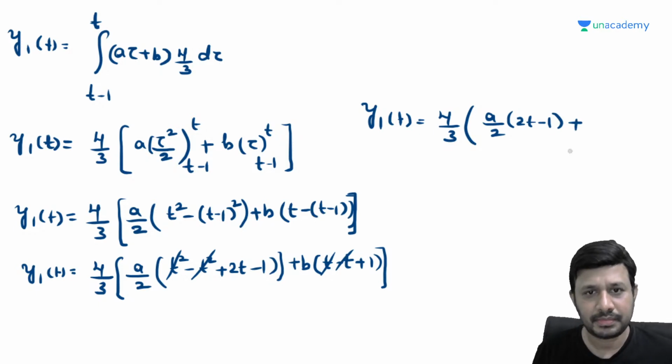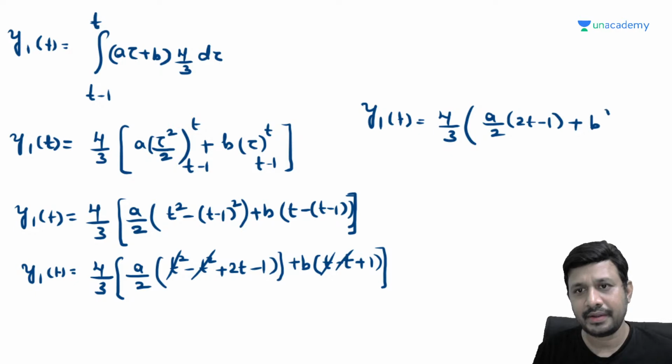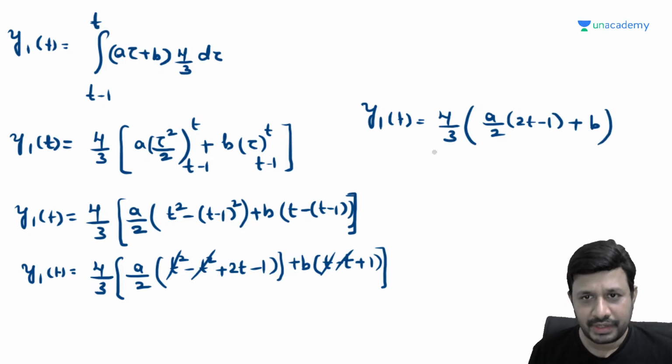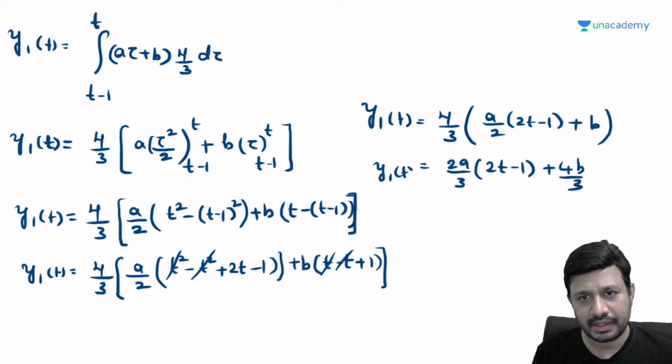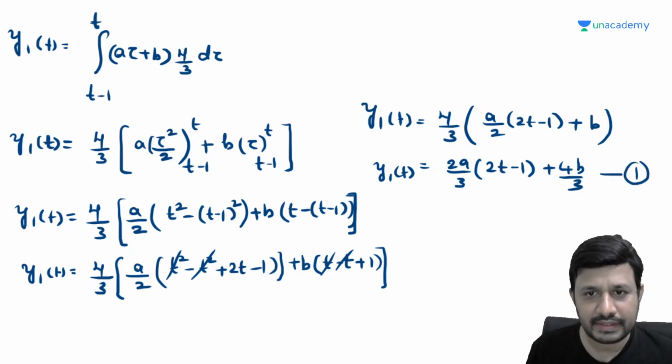This is my y1 of t, or this is 2a by 3 into 2t minus 1 plus 4b by 3. I'll call this equation number 1. So y1 of t is completed, my dear students.